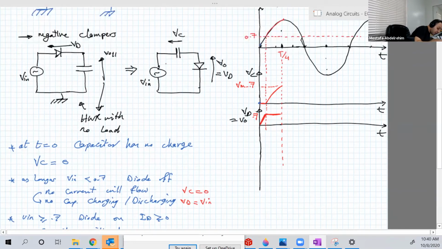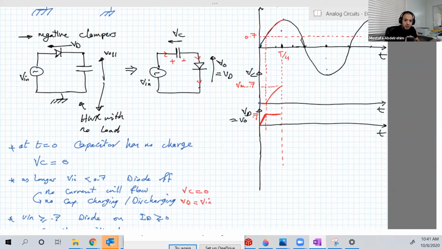When the capacitor was charging, the current was flowing in that way, so this was the positive and this was the negative. After T over 4, the input is decreasing, so now the capacitor cannot charge.